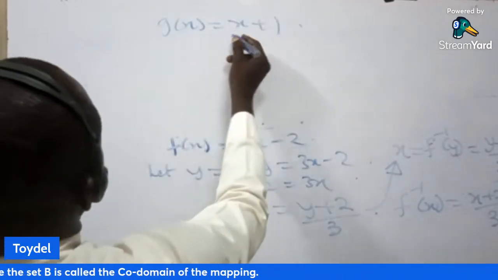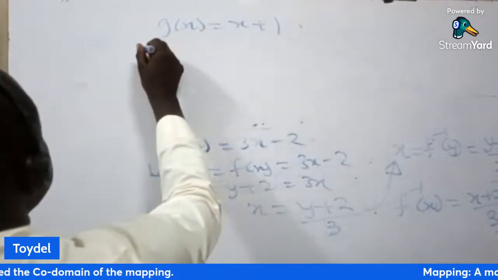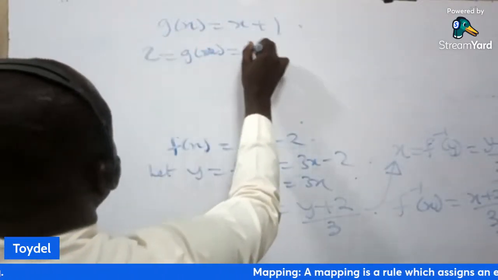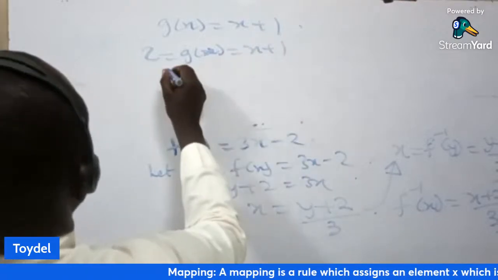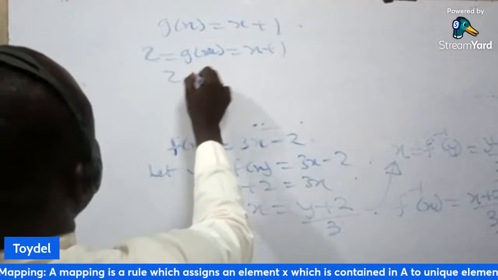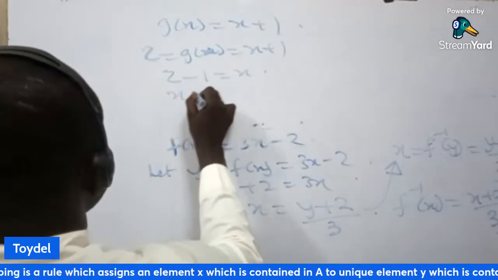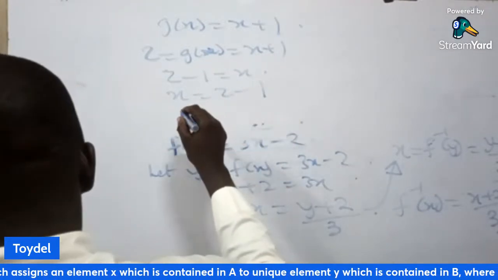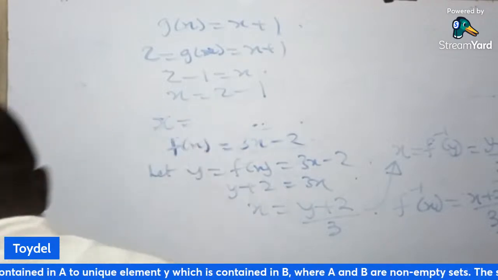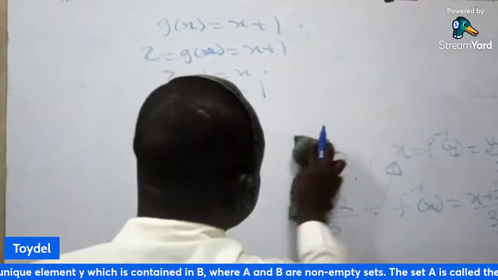Then we can represent this. We can say let z represent g of x, which is equal to x plus 1, so that we can find everything in form of x. Then z minus 1 is equal to x. So x is equal to z minus 1. At the same time, x is going to give us z inverse.